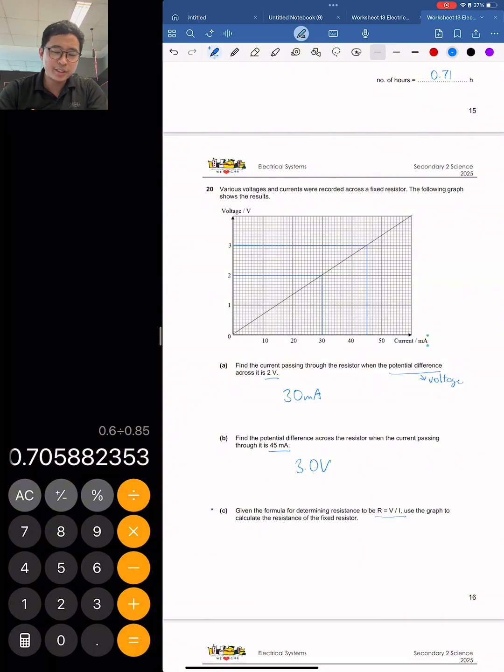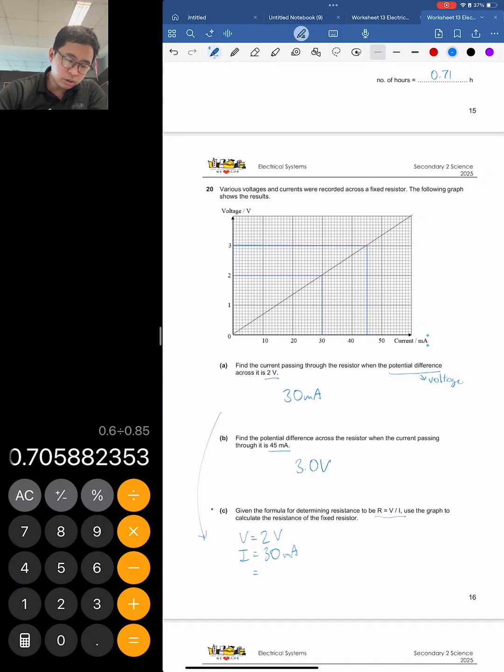Okay, just forget what I said. Okay, so we have V and we have I. So let's say in this case, let's use this value, right? So our V equals 2, our I equals 30. A lot of us use these values and have the wrong answer. And the reason is we don't include the units. So let's say this is V and this is milliampere.